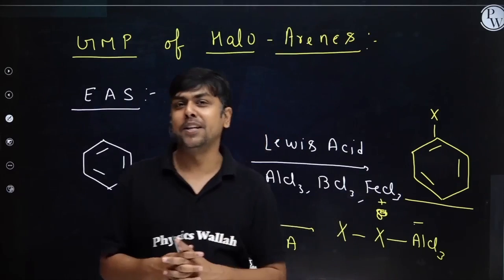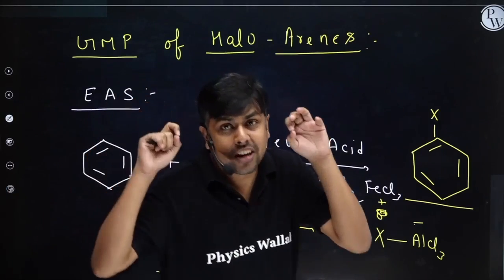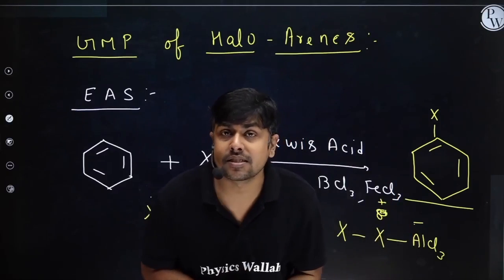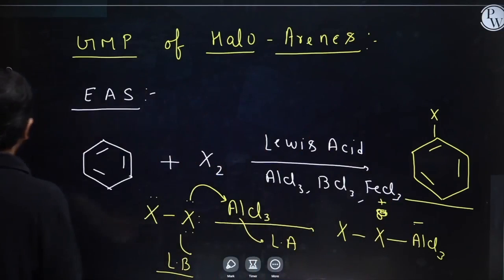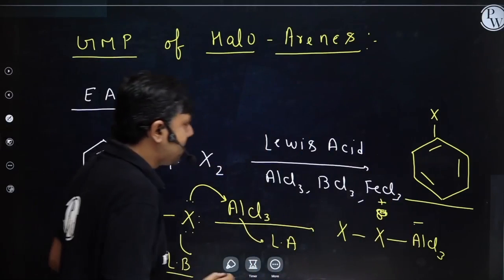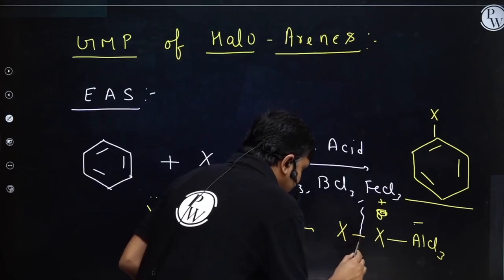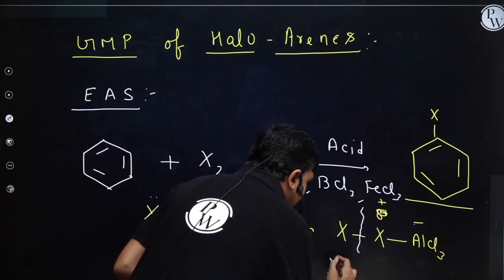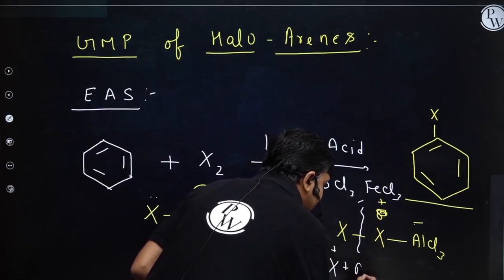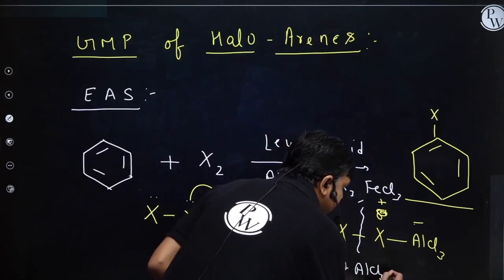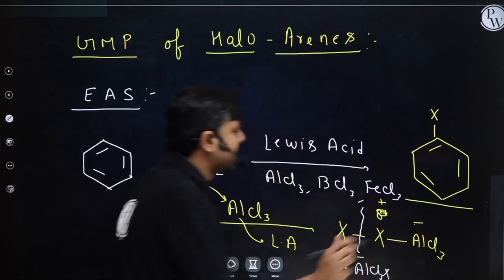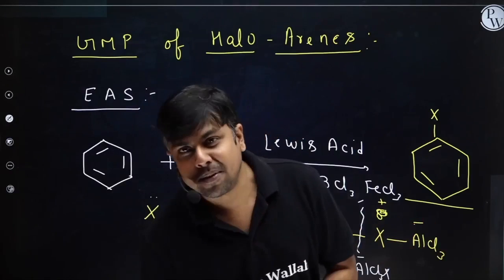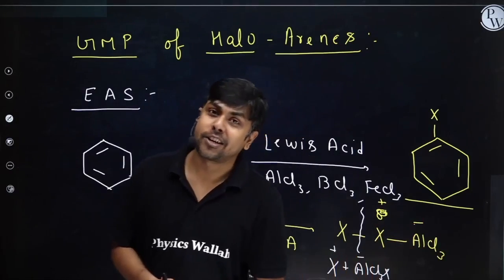The answer is big no. Positive charge on relatively higher electronegative elements is highly unstable, so it will undergo heterolytic cleavage, and I will have the formation of X positive plus AlCl3 bonded to X negative. Now this X positive, a positively charged species, will act as an electrophile.